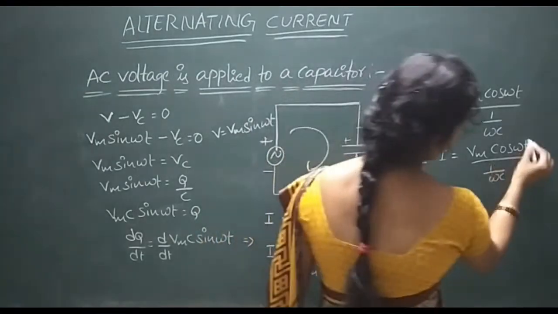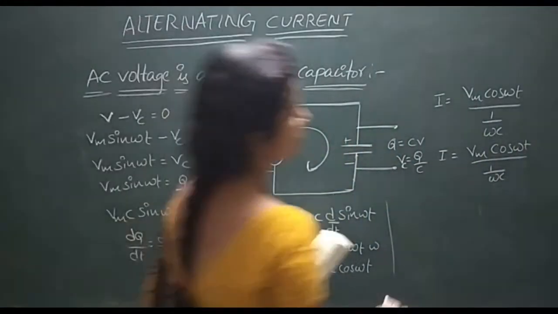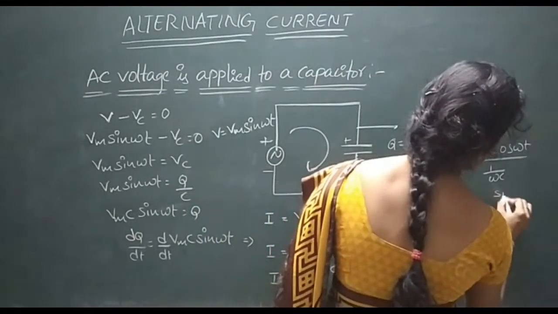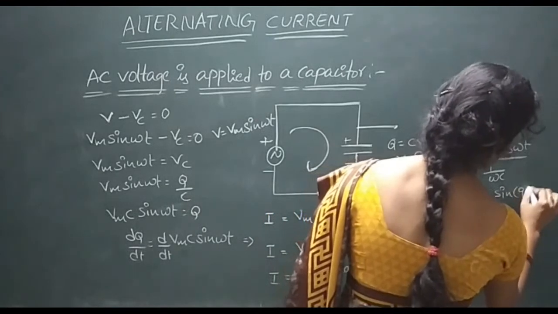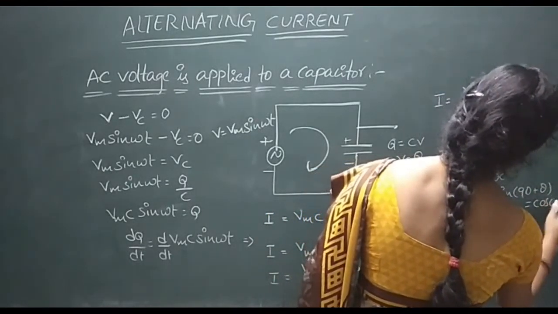So the current is also in terms of cos, but the voltage is in terms of sine, so we have to convert cos into sine. Sin of 90 plus theta is nothing but cos theta.